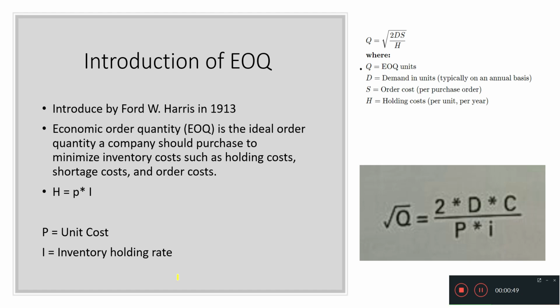On the right-hand side, we can see the formula of EOQ. The Q is equal to EOQ units, D equals demand, S is equal to the ordering cost, and H is the holding cost.